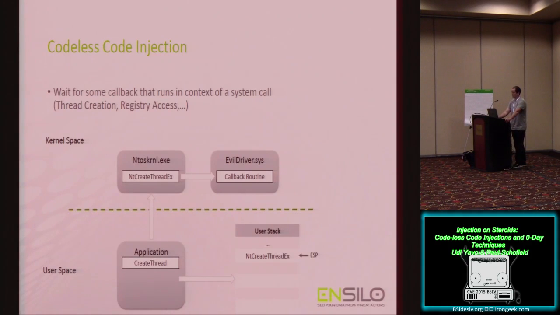So instead of using RIP to alter the execution, we'll try to mess with the user stack. Once again, let's see what happens in the create thread callback and use it to do something trivial.